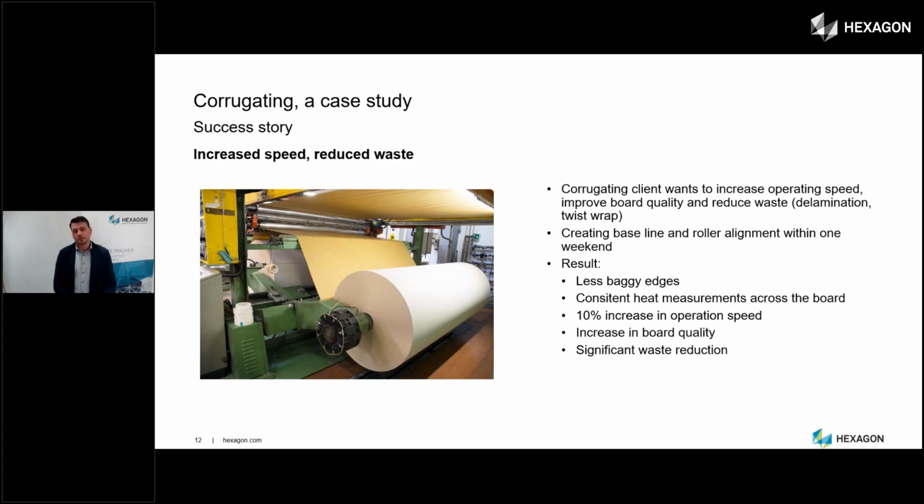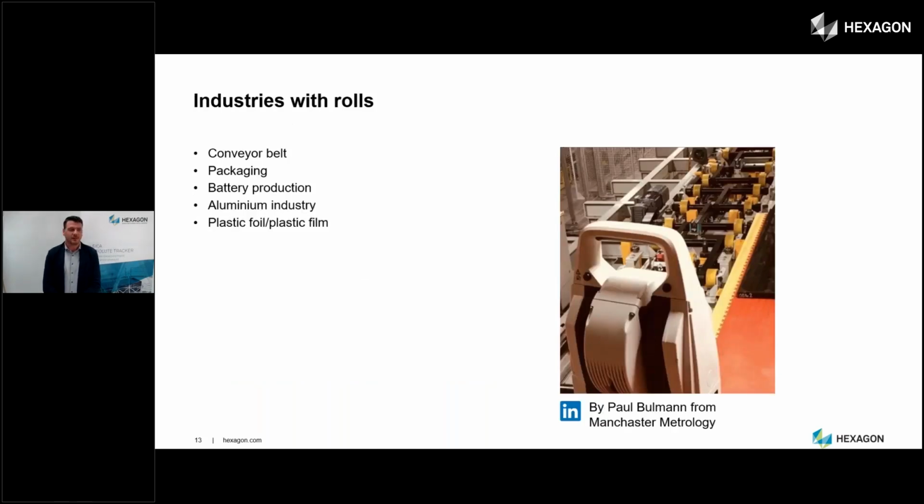And with this roller alignment, all these problems could be solved, and also a 10% increase of operation speed. And then, of course, the end quality was much better with a reduction of waste as well. So a lot of cost saving as well.